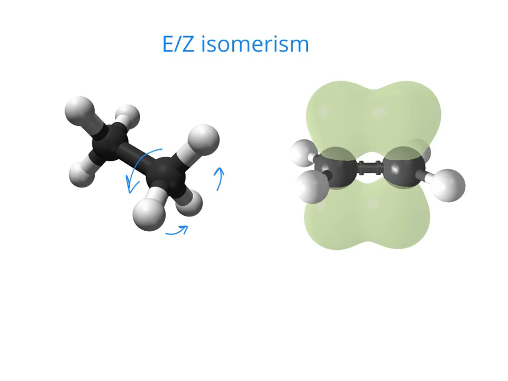So the first thing that you need for EZ isomerism is there is no free rotation around the carbon-carbon bond.